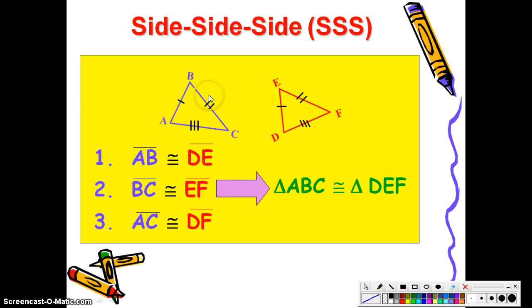My second markings, which indicate my second sides that go together, so BC is congruent to EF. And then we have our third sides that are marked, and those correspond to one another. So AC is congruent to DF. So we have triangle ABC is congruent to triangle DEF, and that's important because we have to name the corresponding parts.